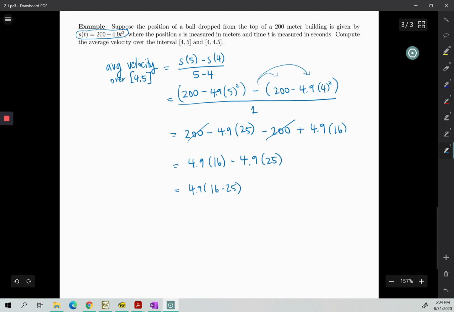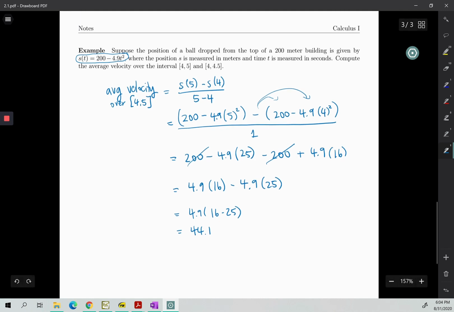And then at this point I might want to stick this in my calculator, and if you do that, it'll be 44.1. And just so you know, I'm okay with you using a calculator for some of these calculations.